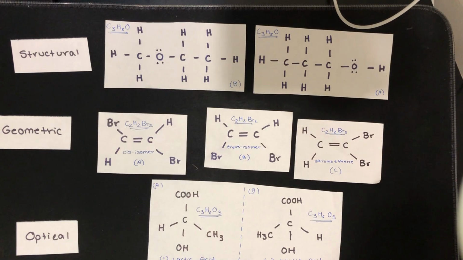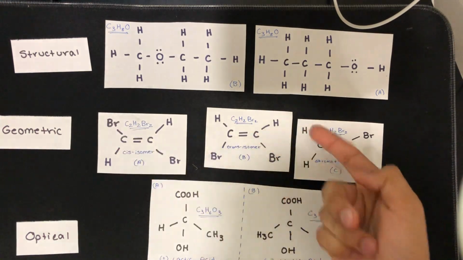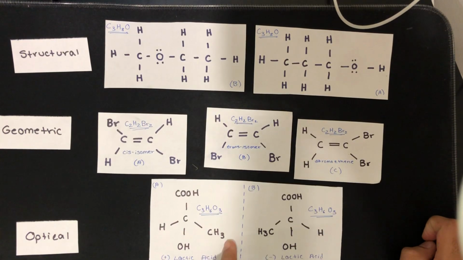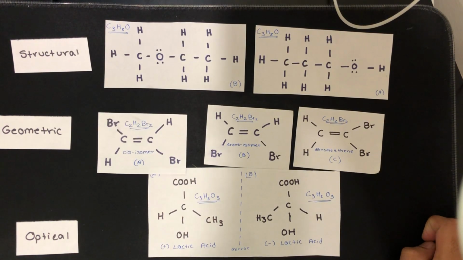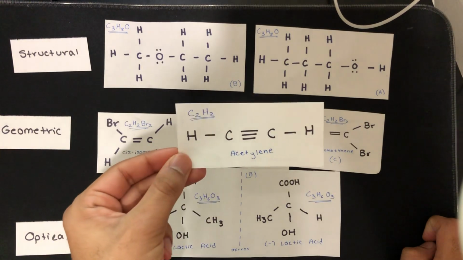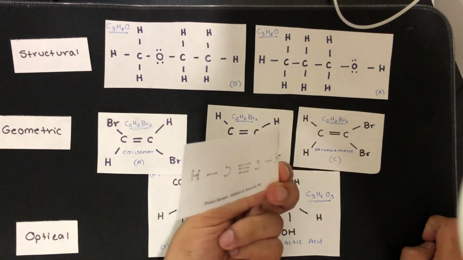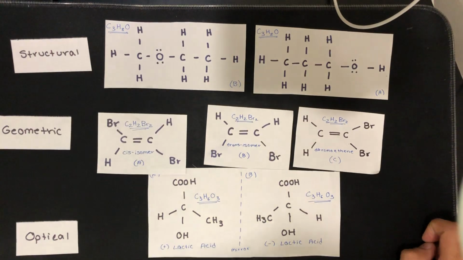Acetylene can neither be geometric because, again, we can't move any of the atoms in acetylene. And finally, it can't be optical because even if we were to put it through a mirror, as we already discussed, acetylene is completely symmetrical. So what goes in, we will get exactly the same thing back. So acetylene has no isomer at all either.